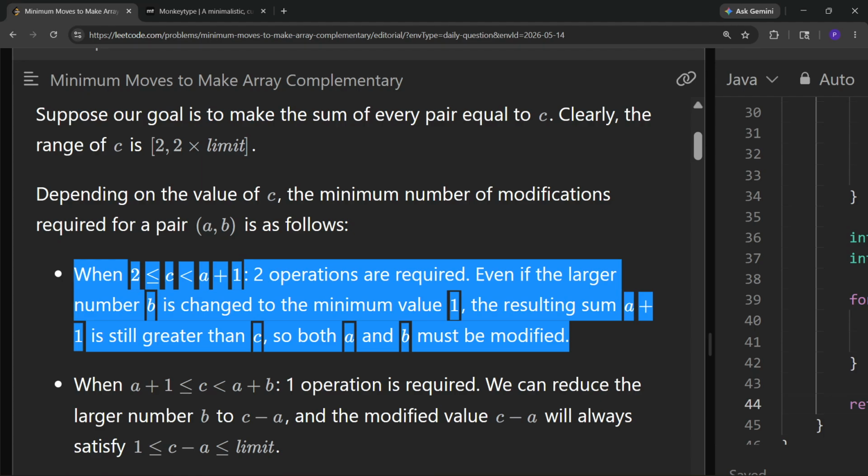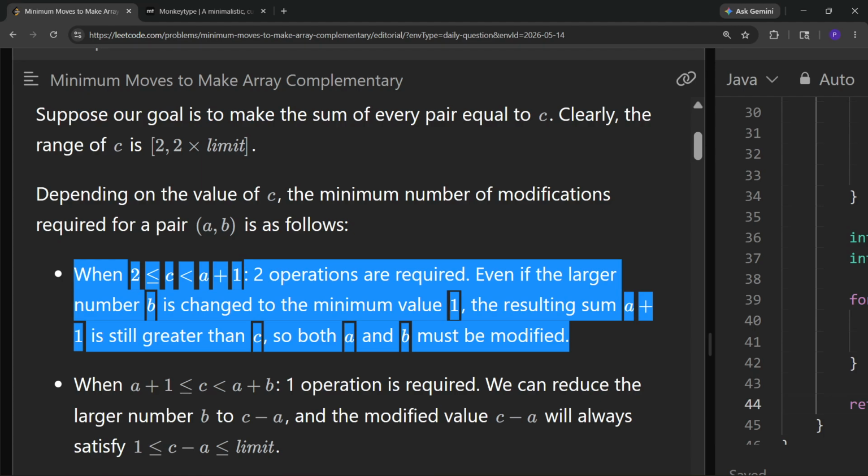If I know my sum is 5, and the minimum number that I have is already greater than the sum, I have to change both of them. Both the numbers are between 1 and the limit inclusive. If they're between that range, they're always positive.